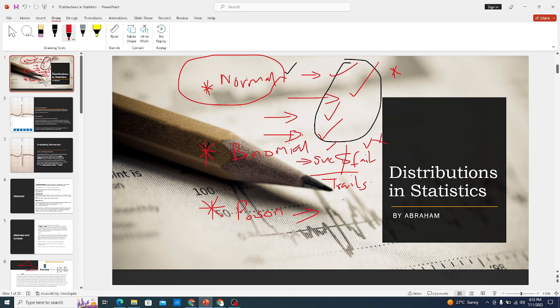Just a heads up: when it comes to examining distributions in your final exam, they won't bring any practical for these distributions.